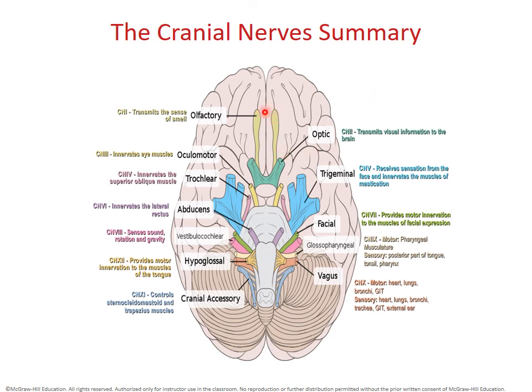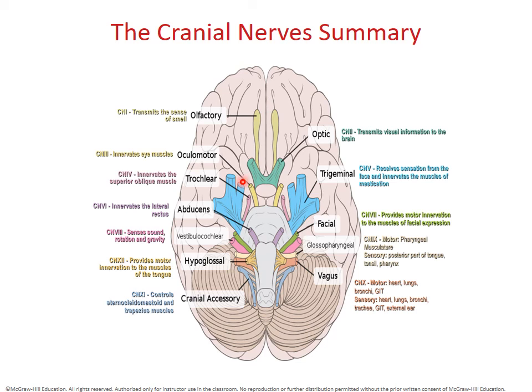Again, just to review, olfactory tract first, optic nerves associated with the optic chiasma, the oculomotor nerve at the top of the pons, the trochlear nerve coming off deep from the side of the pons, the abducens at the base of the pons, between pons and medulla, and then after the abducens, this pair together, the facial and the vestibulocochlear side by side, and then another side by side pair, the glossopharyngeal and the vagus, coming up from the spinal cord, of course, the spinal accessory nerve, and then finally in front of the vagus on the medulla, the hypoglossal.